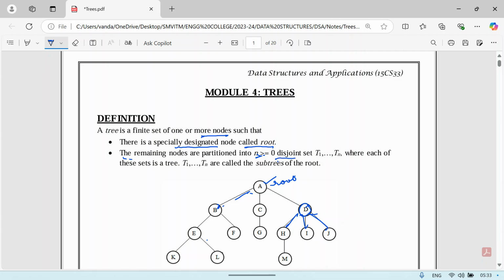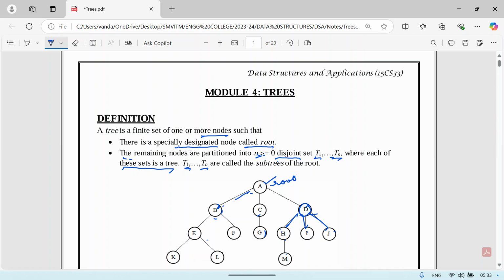that also can be considered as another tree, right? So we have disjoint sets, that is, other subtrees, where each of these sets is a tree, and these T1 up to Tn are called the subtrees of the root. These are the subtrees. So C and G is one subtree. D, H, I, and J with M is one subtree, or just H with M is one subtree. Likewise, B with E, F, K, and L is one subtree.